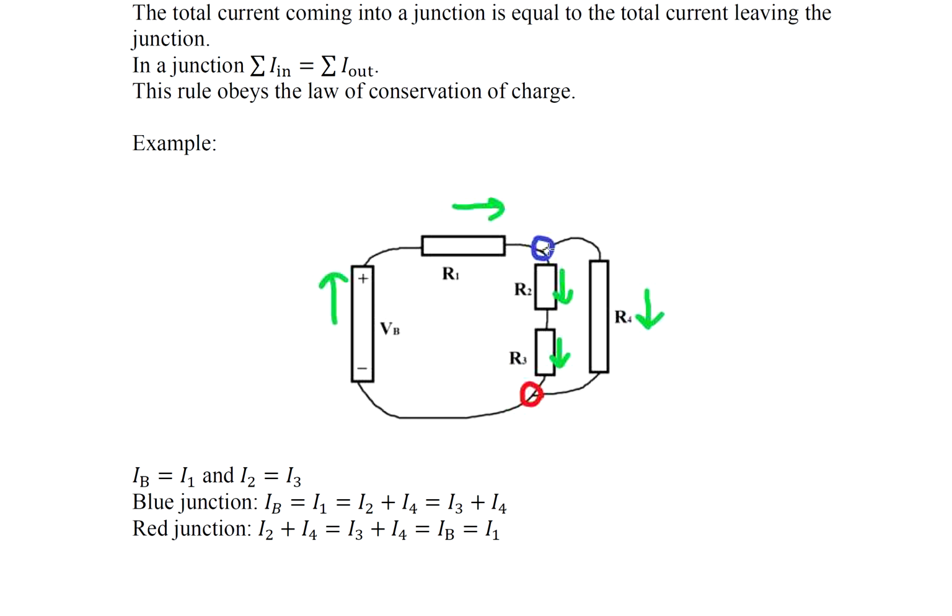So in the blue junction, some of the current splits off into I2 and I4, and in the red junction the current adds up. So these green lines are the direction of current.